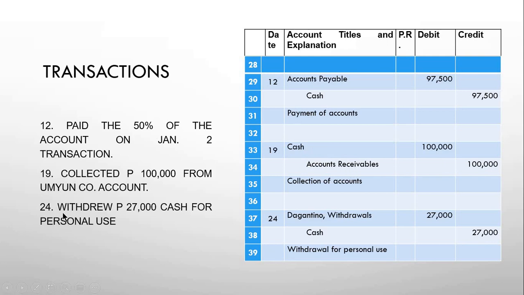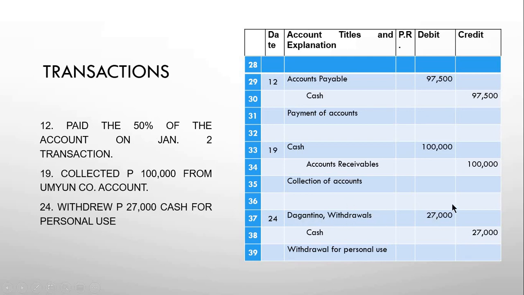For January 24, withdraw 27,000 cash for personal use. So dahil kumuha ng cash yung owner from the business, liliit yung cash ng business. So we credit cash 27,000. Ano naman yung corresponding debit? The withdrawal kasi nag-withdraw yung owner. So that's the Gantino withdrawals.